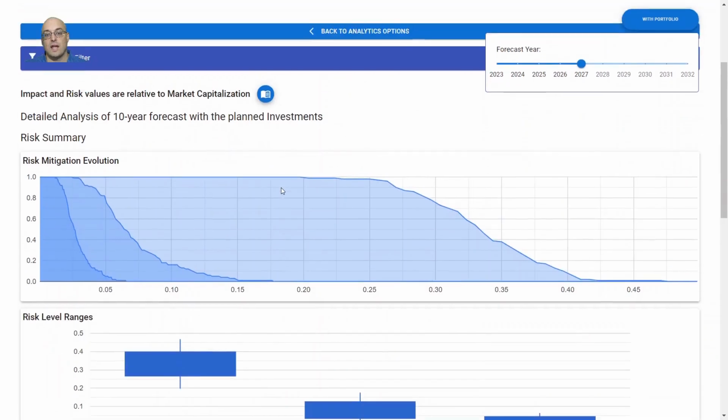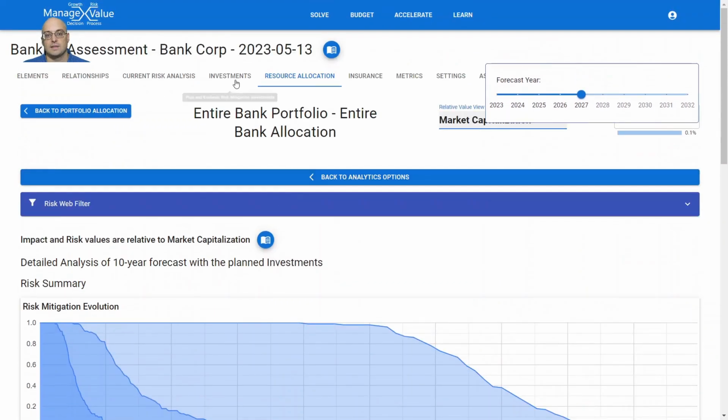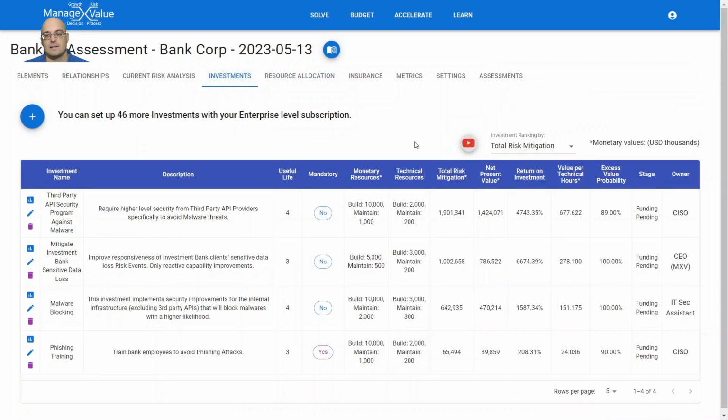Of course, if there are enough resources, then looking at the investments, it is key that as long as you have investments which have very high excess value probability, meaning that the risk mitigation benefits of those investments far exceed the overall cost of the investments, or in other terms, the return on those investments is very high, then those are relatively easy decisions to make around funding.